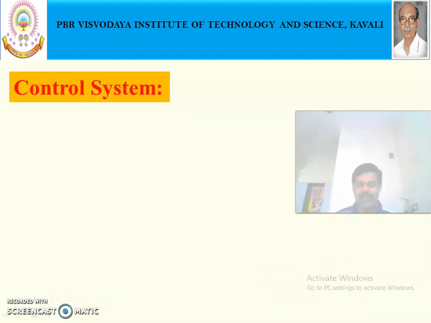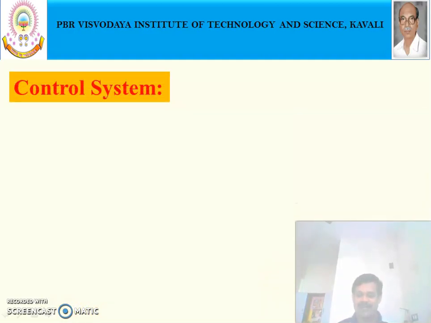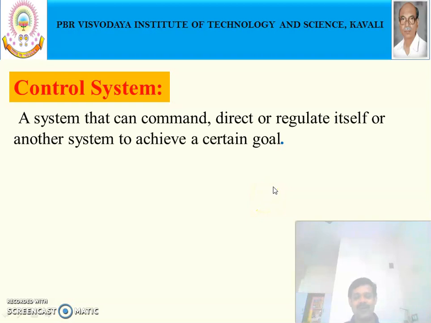Now we are going to see what is meant by control system. Initially we saw what is system. Now we are going to see what is control system. A system that can command, direct or regulate itself, or if it is regulating another system to achieve certain goal, then it is called control system.